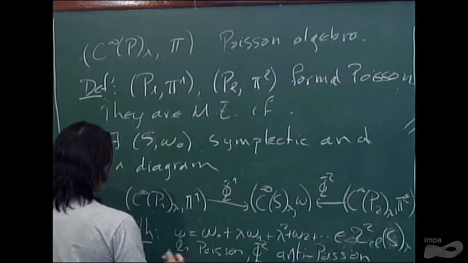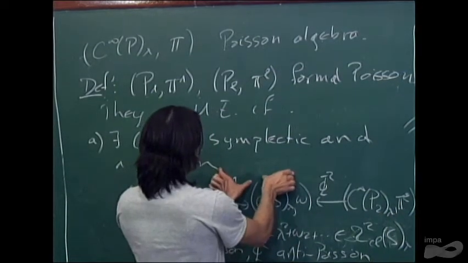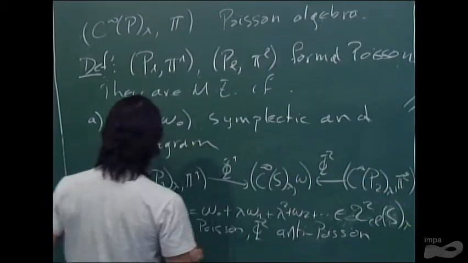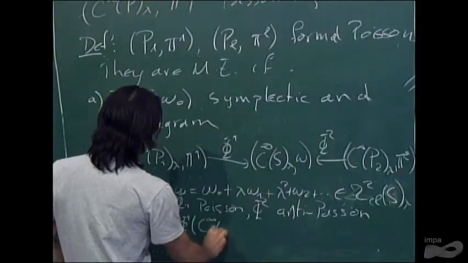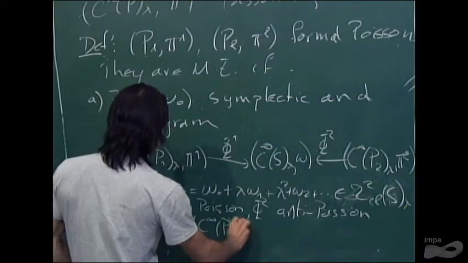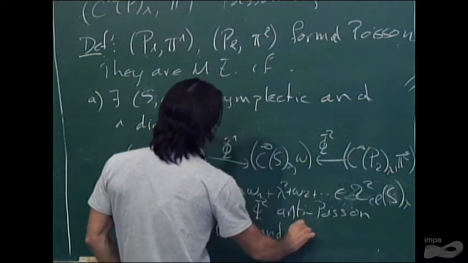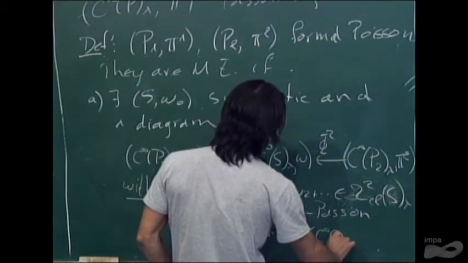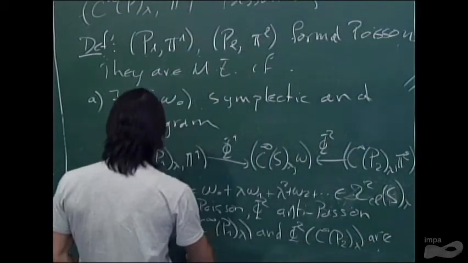And these algebras of functions, when you look at them inside through the maps, they must be mutually centralized. So this and Phi2, same infinity of P2 lambda, are mutually centralized.